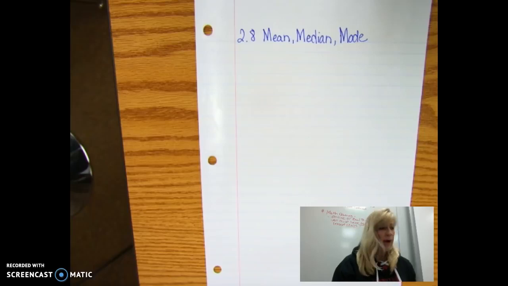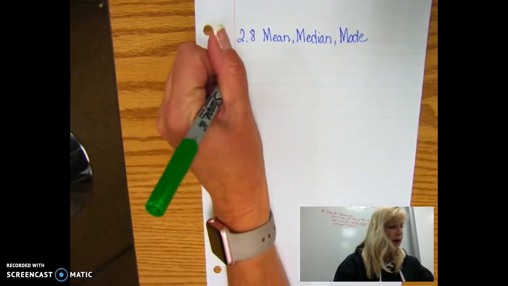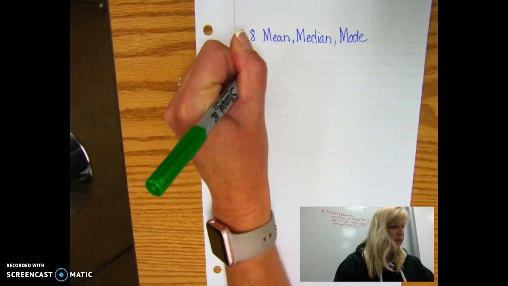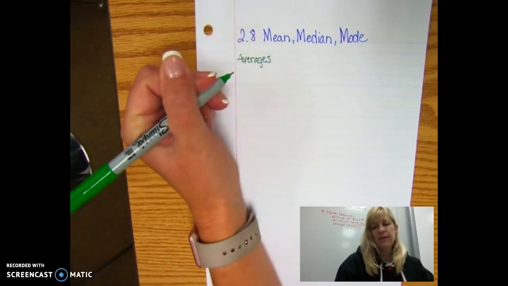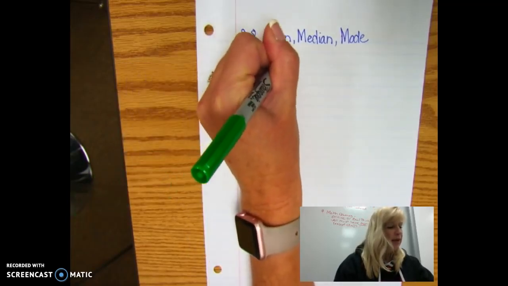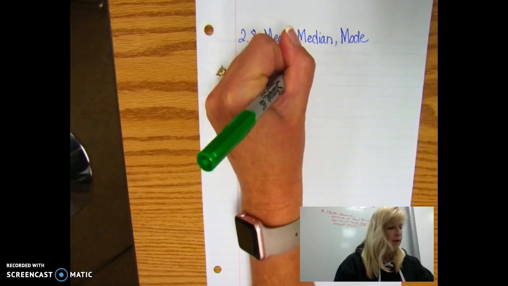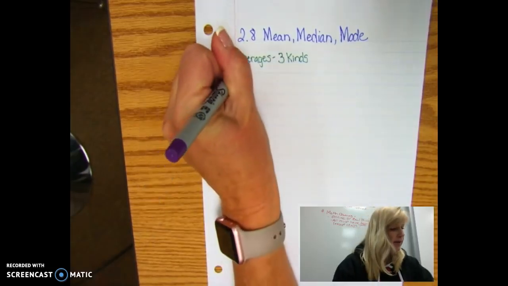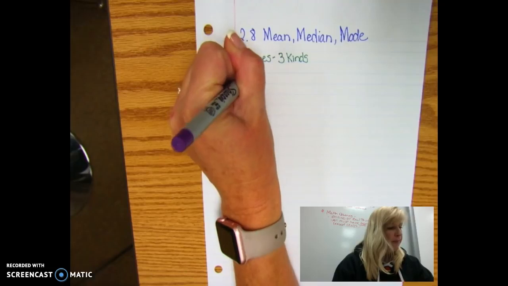So the first thing I want to talk to you about is the word averages. And in this section of the book, we're going to talk about three kinds of averages. Now, the first kind is, I believe, the most common kind, and that is the mean.